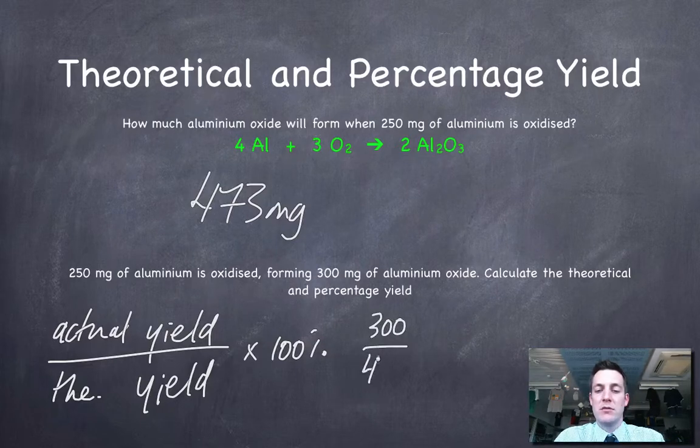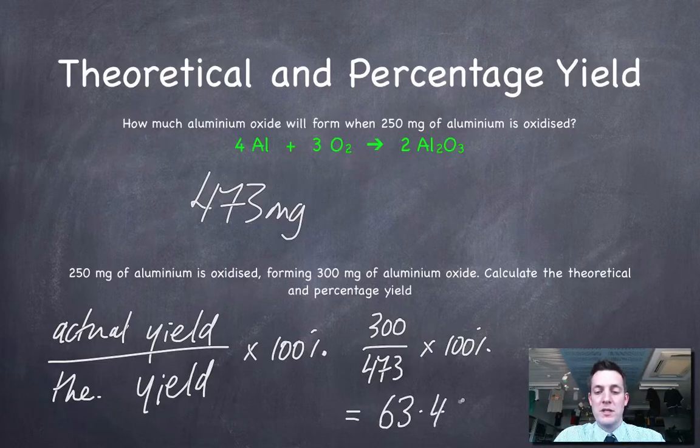Dividing that by 473, I don't have to put the units in because they cancel out, times 100%. Again, I've got 3 significant figures, so I'm going to give my answer to 3 significant figures, and that equals 63.4%. Hopefully that's clear about what the difference between theoretical and percentage yield is and how to find them.